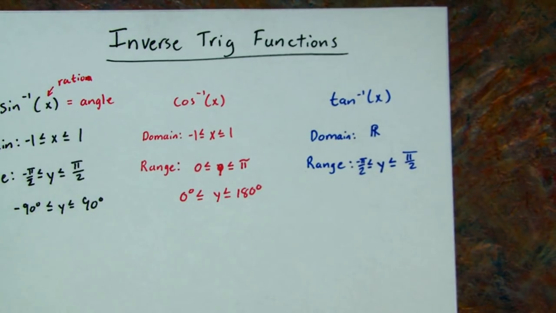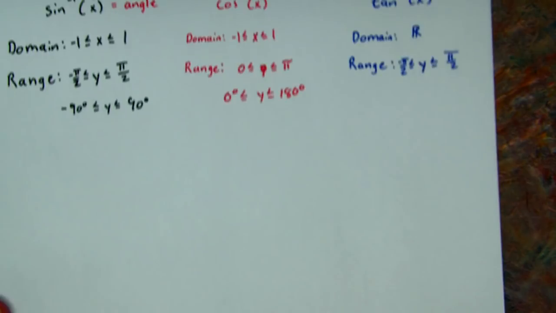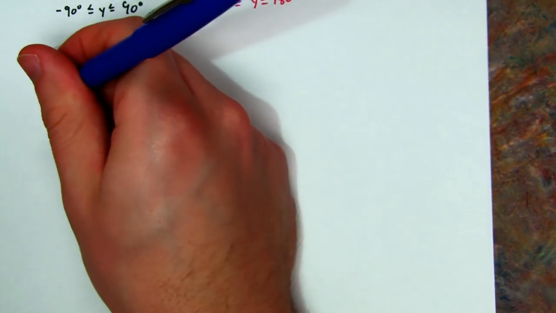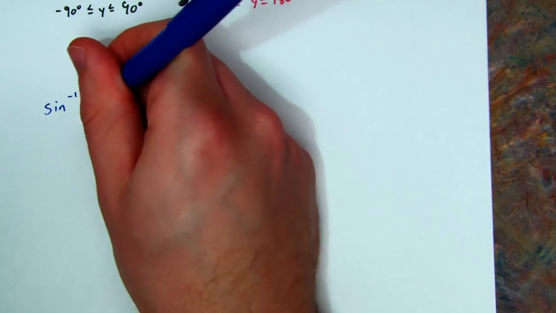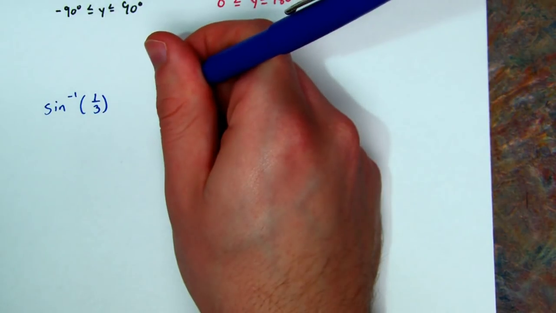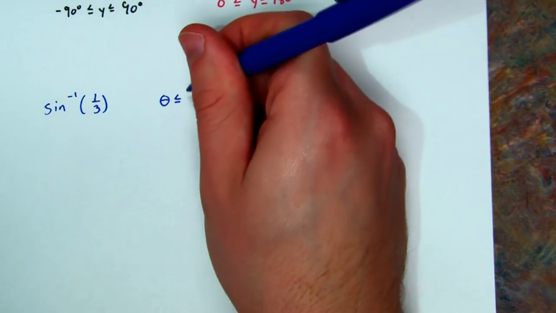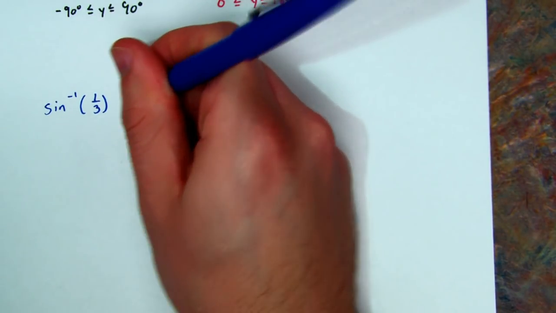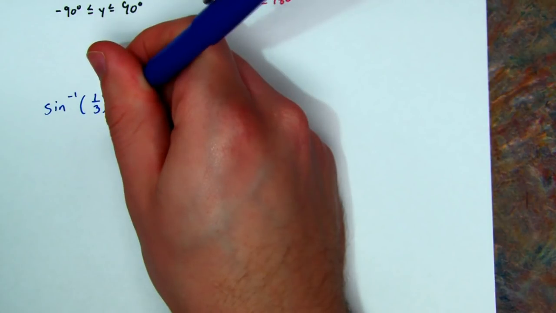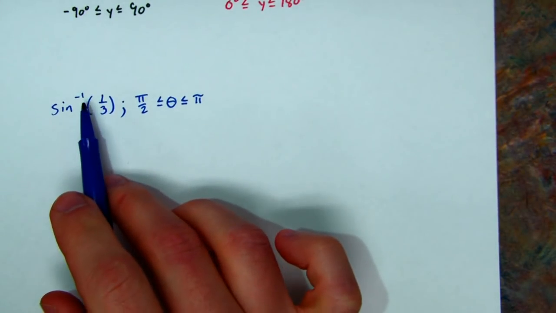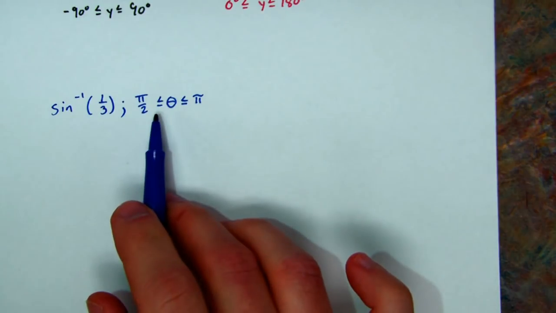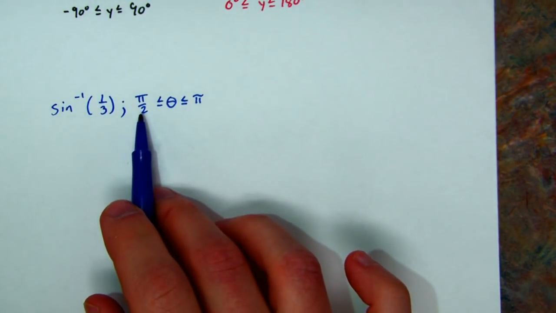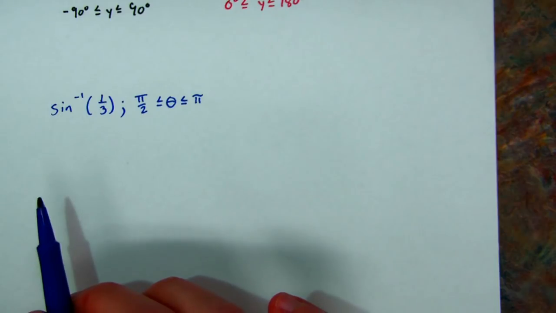Now the reason that I'm spending some time reviewing domain and range is because of what happens when we get to something like this. Let's say we're asked to find sine inverse of 1/3, and something to the side like this is given. So I'm asked to evaluate sine inverse of 1/3, and I'm supposed to find an angle between pi/2 and pi.